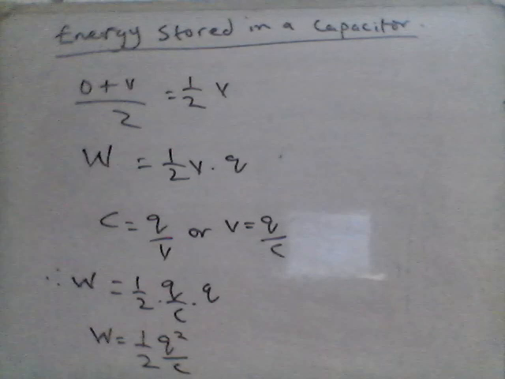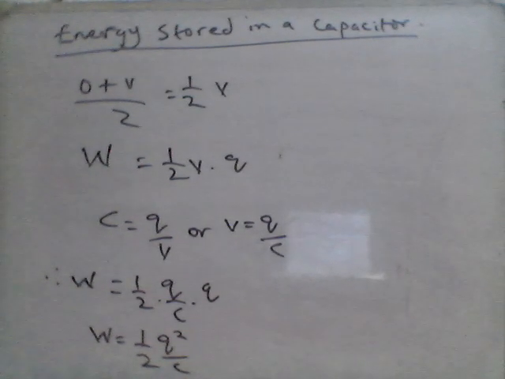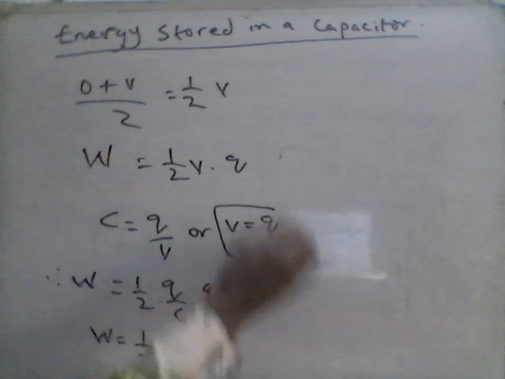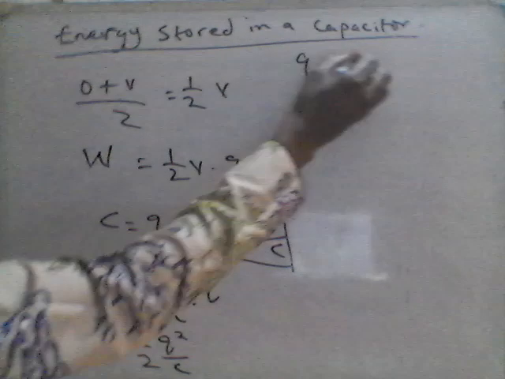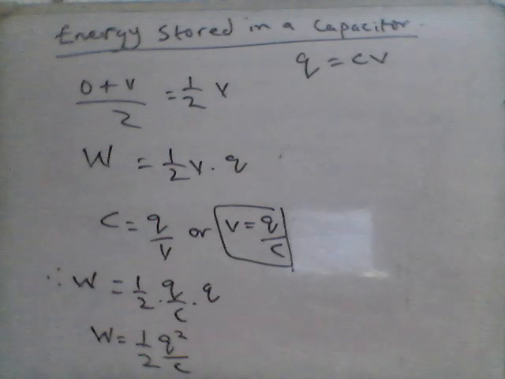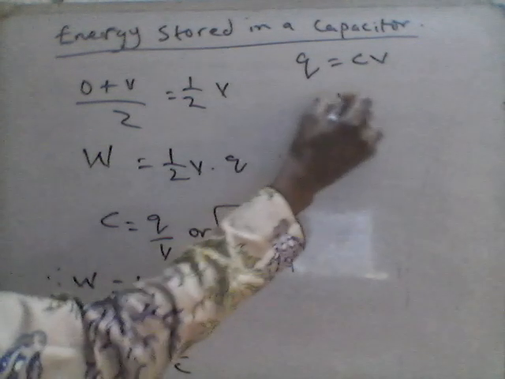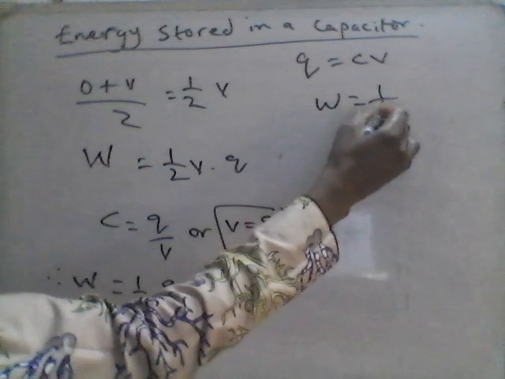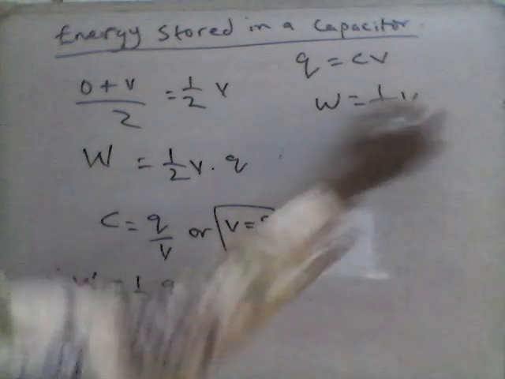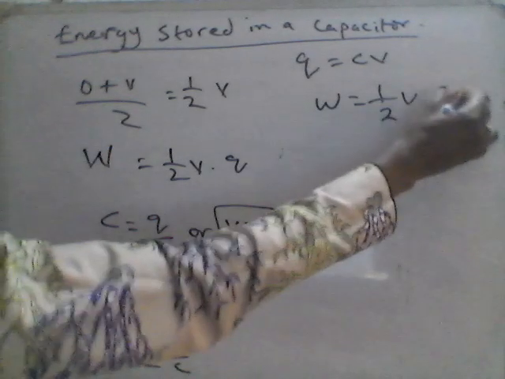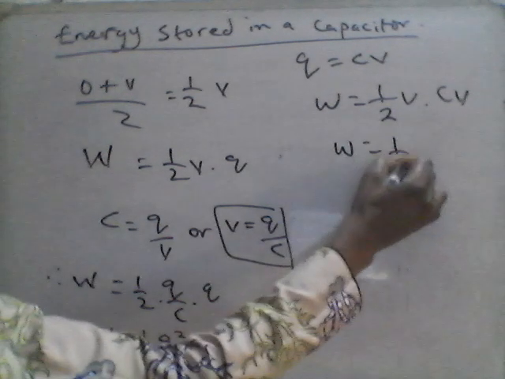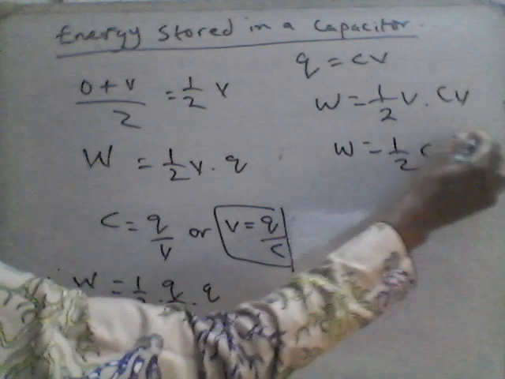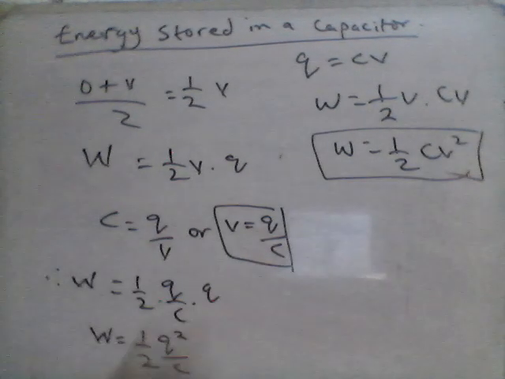And even if we put Q equals CV from here, remember, if we say Q equals CV, we can still say work done is equal to 1 over 2 V times CV. W is equal to 1 over 2 CV squared. This is another way of expressing work done. So work done has many expressions.